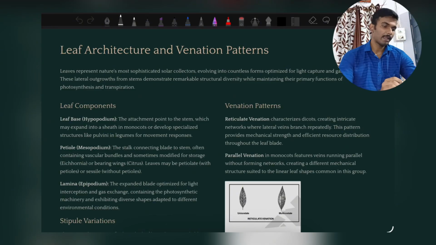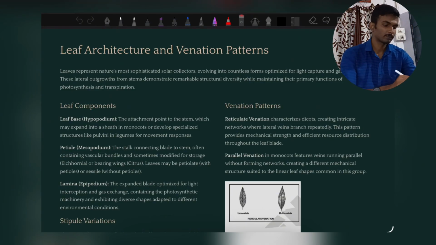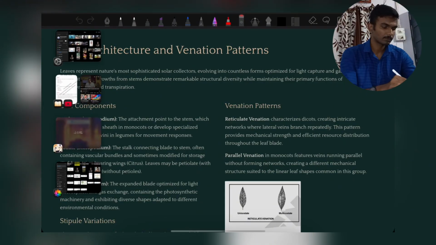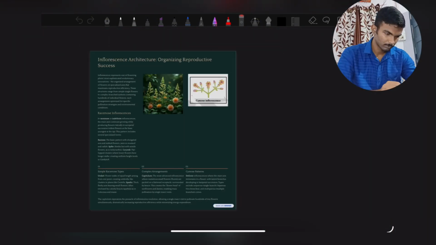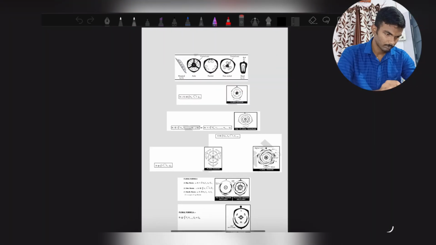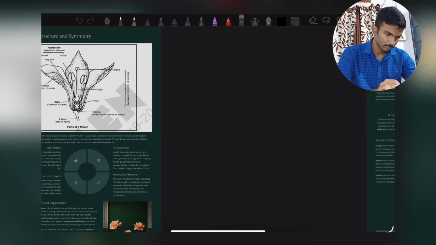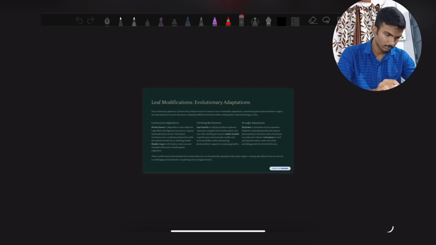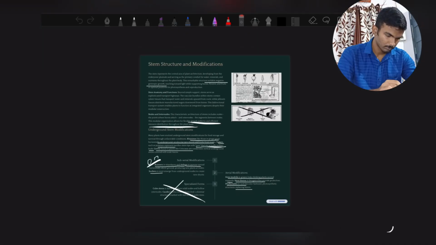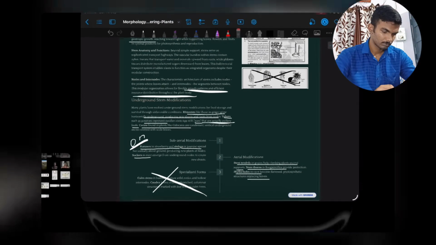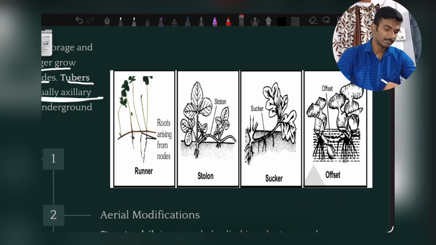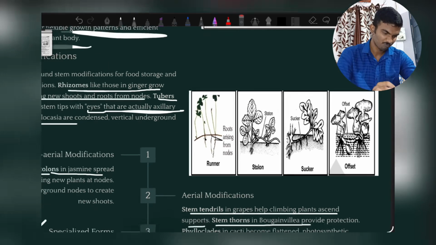Leaf architecture and venation pattern. This is runner, this is stolon, this is sucker, this is offset.